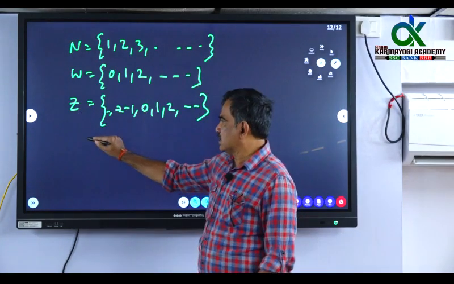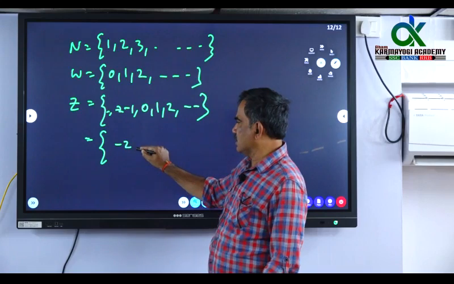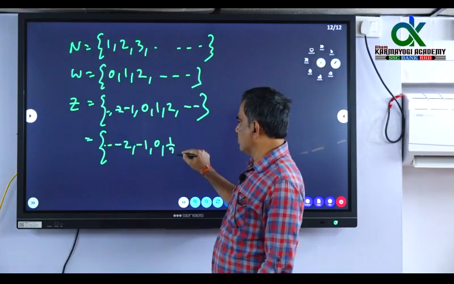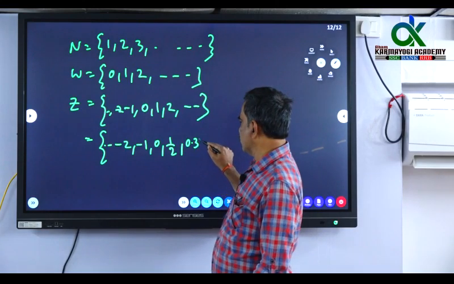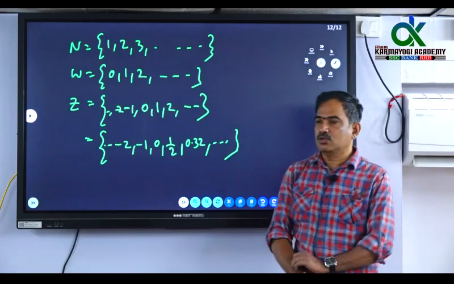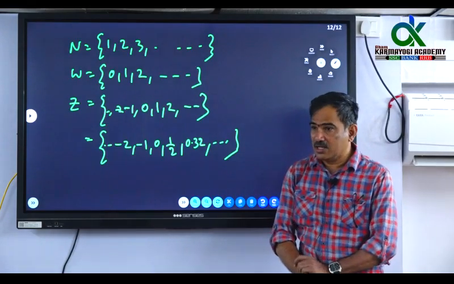Okay. To this set of integers, -2, -1 and so on, 0, I want to include 1 by 2, 0.32 like that. Then what do we get here? What is the union of all these numbers? Rational numbers. Very good.